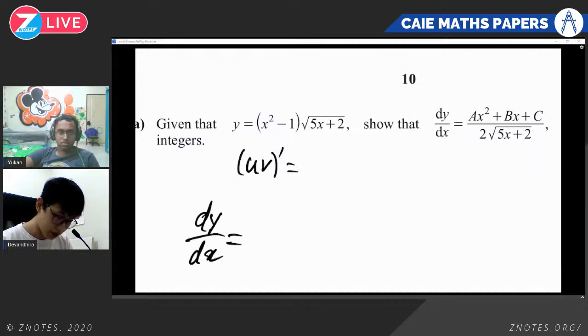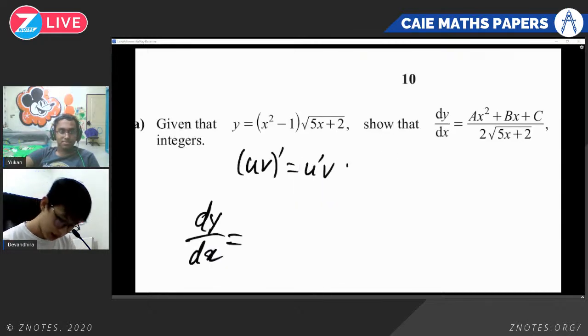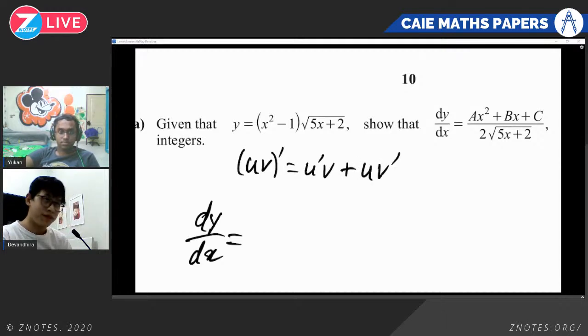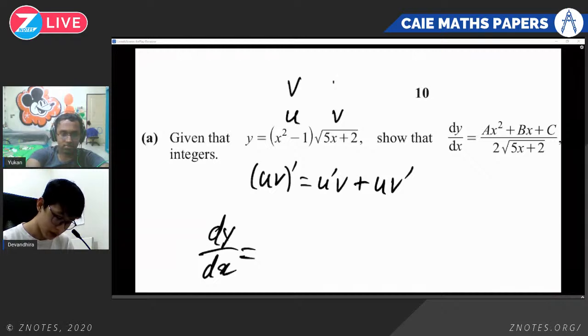It's the same as when you differentiate u multiplied by a normal v, added by a normal u with the derivative of v. Correct? Okay, so in this case, our u is just x squared minus 1, and the v is just the square root of 5x plus 2. Though if you reverse it, it doesn't matter. You're just going to get the same answer.